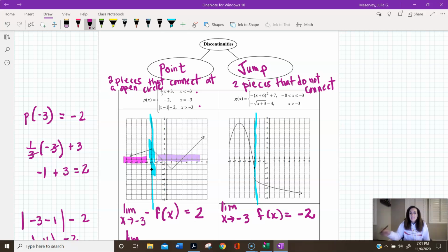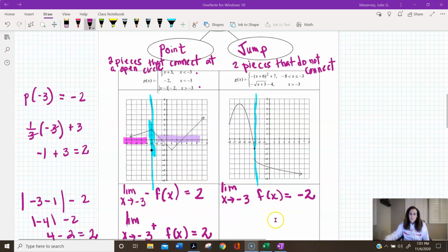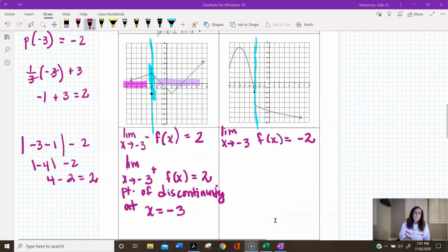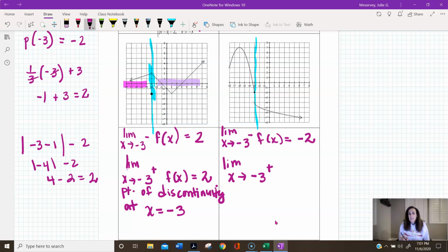All right. Now let's look at the second part: the limit as x approaches negative 3 from the right-hand side. I forgot the minus here. Left-hand side, and now we're doing right-hand side. From the right-hand side, f of x equals. Well, let's look at this again.